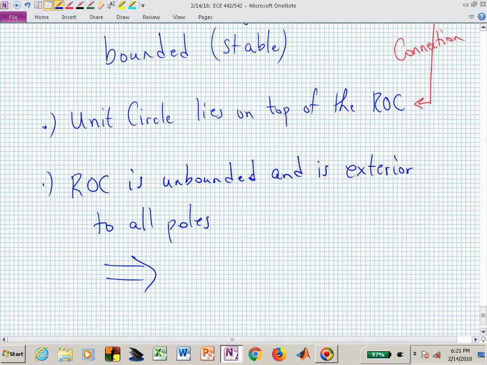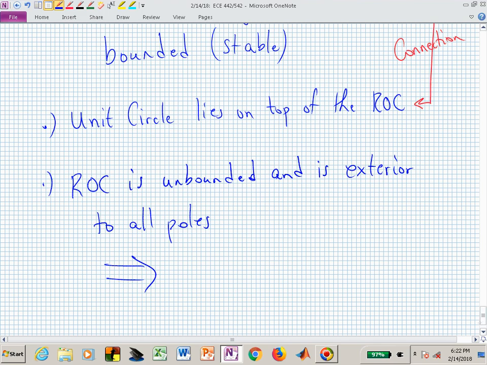What's the unbounded region of convergence telling us about the time domain sequence? Is it telling us about its bounded behavior? No, it's telling us what? Where it's defined, right? Whether it's causal, whether it's anti-causal, whether it's two-sided. That's what the region of convergence going to infinity tells us, or being exterior to all the poles.